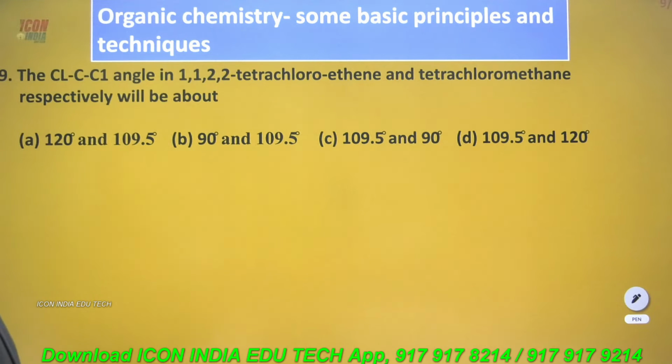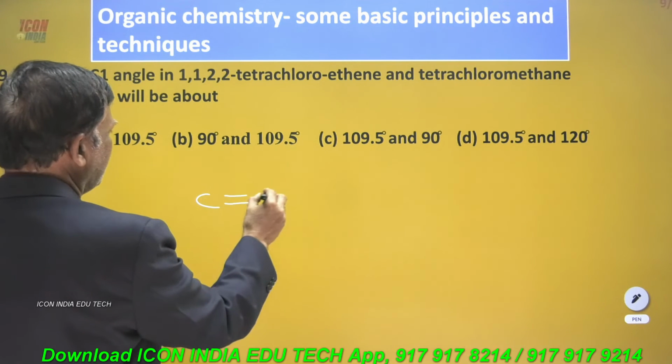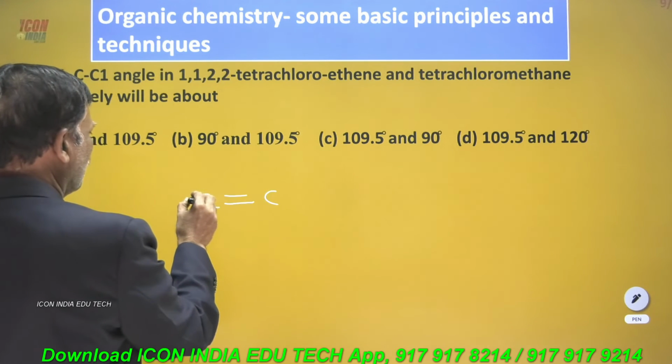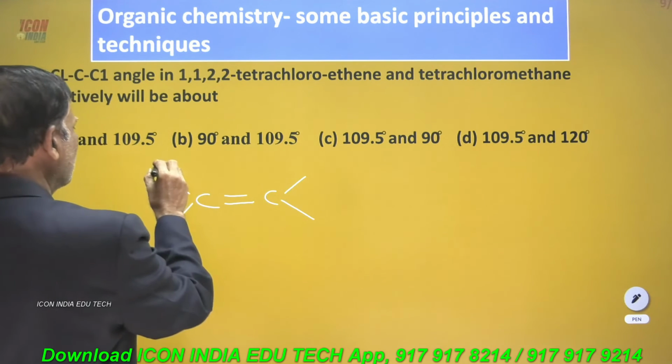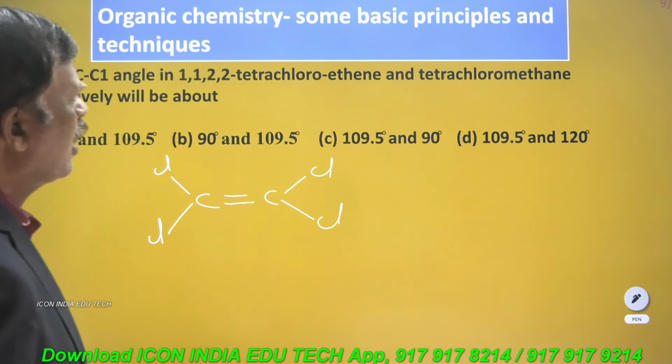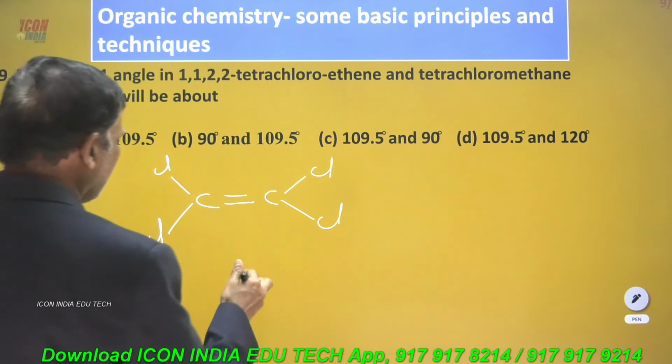Next, the Cl, C, Cl angle in 1,1,2,2-tetrachloroethene. Tetrachloroethene, this one. They said ethene, no? So tetrachloro 1,1,2,2 and tetrachloromethane.